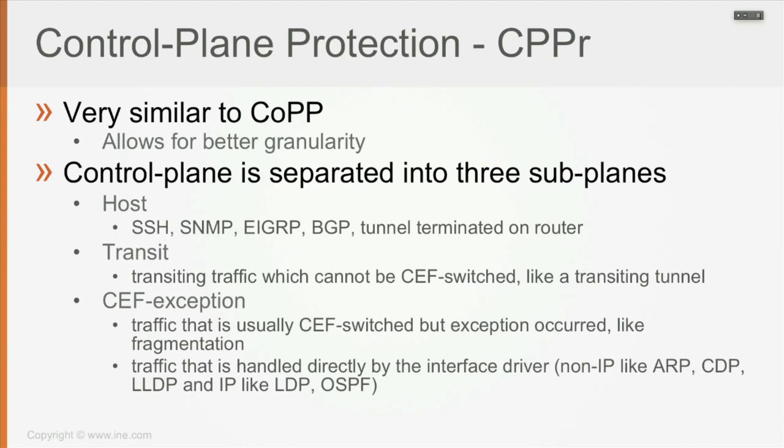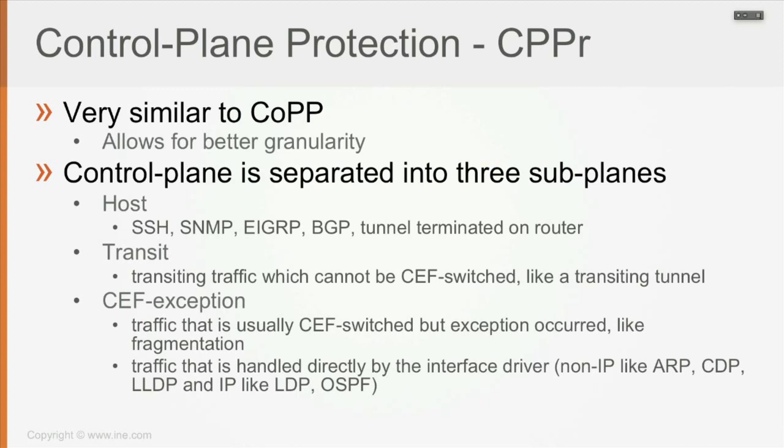In here we also have common protocols handled directly by the interface driver, not by the CPU directly, such as non-IP traffic like ARP, CDP, and LLDP, or IP traffic like LDP or OSPF.